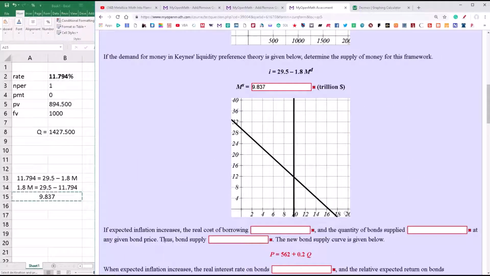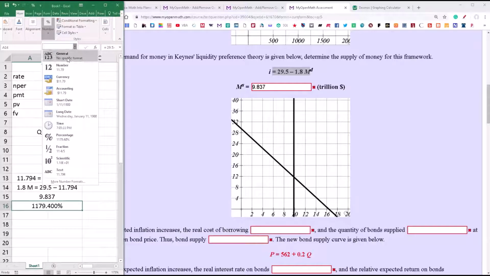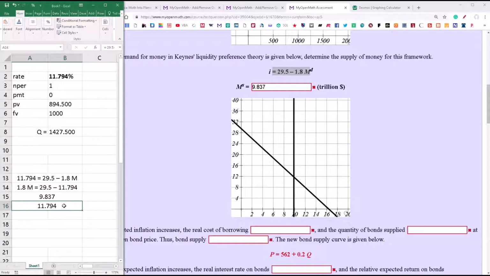Now if I plug this quantity of money into my demand equation, I get the interest rate that was in the market for money.